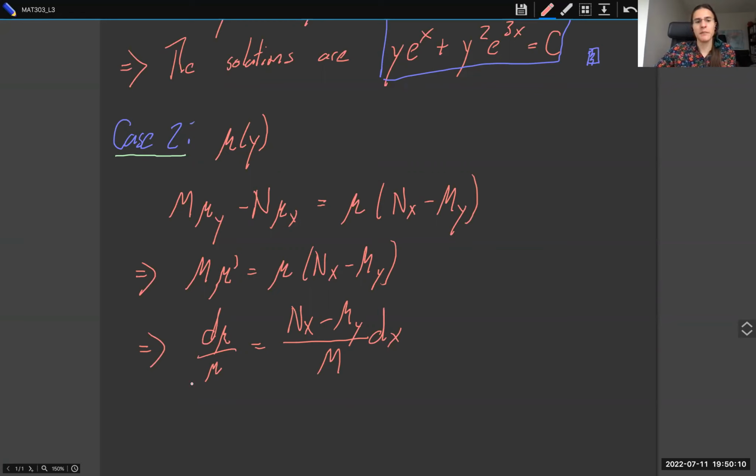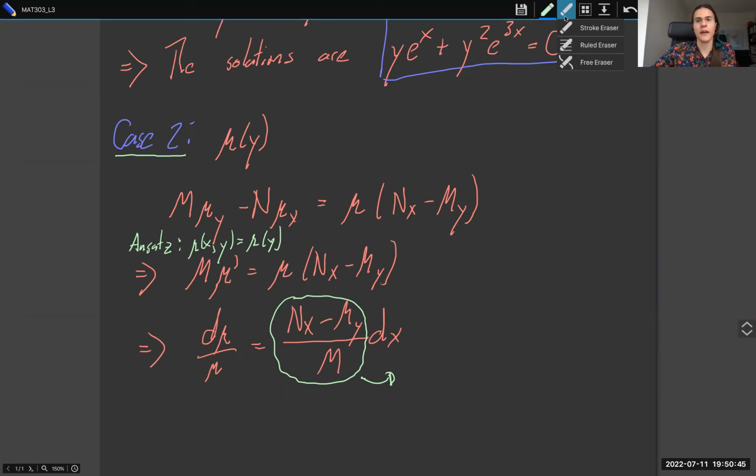Well, if we're just treating mu as a function of y, this is with respect to mu, and this expression only makes sense if it's with respect to x. So basically what we did is we had the ansatz that mu xy equals mu y. Sorry, this is d mu dy.